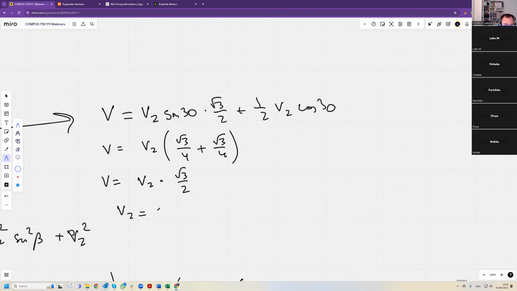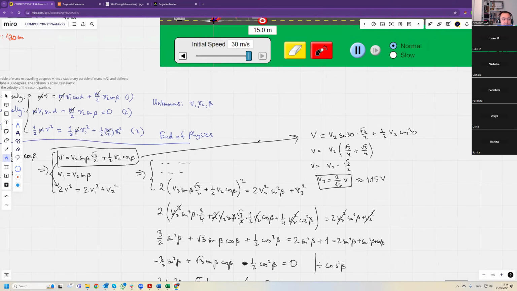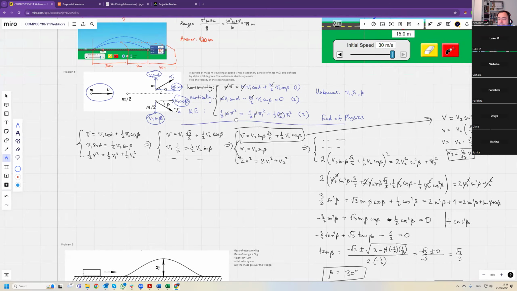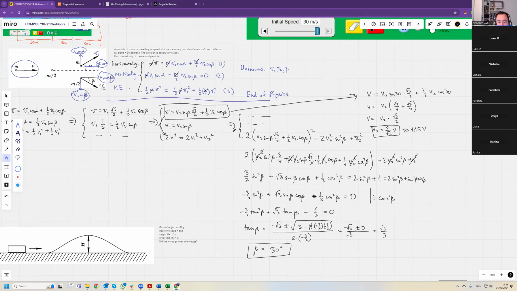So V2 is 2 divided by square root of 3 of V, which is approximately 1.15 of V. So we found the direction and we found the speed. That's all we needed.